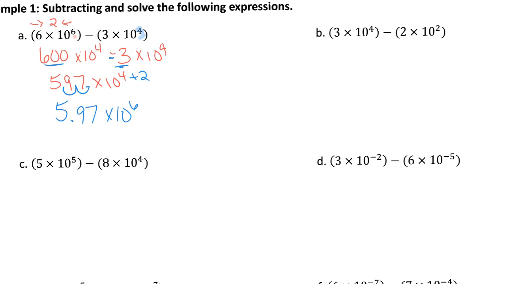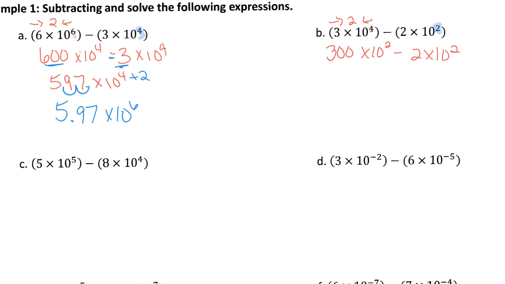Our next one, we change the bigger exponent, so we're going to keep this 2, which means this is changing by 2. So it becomes 300 times 10 squared minus 2 times 10 squared.